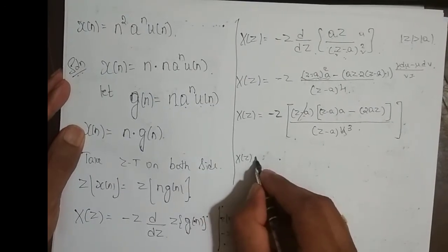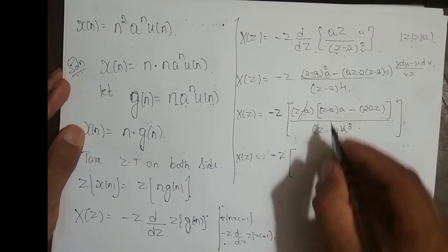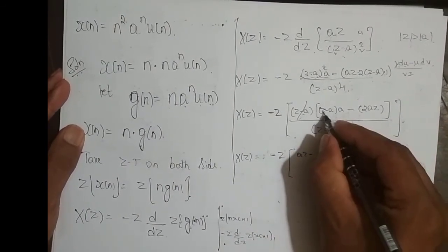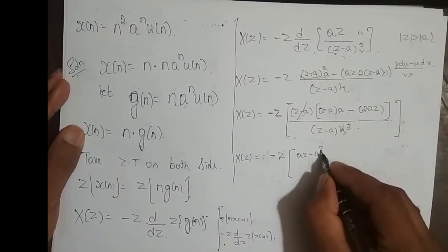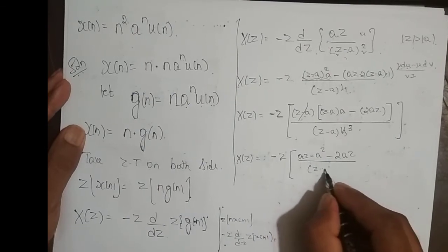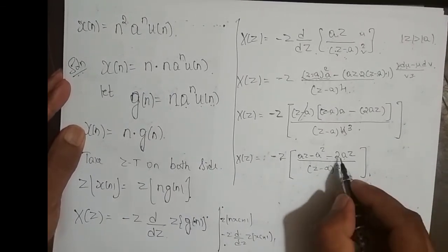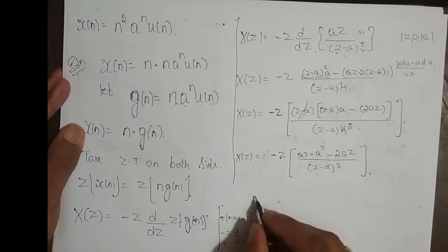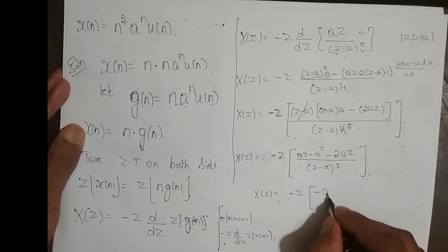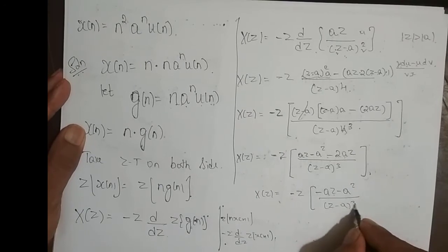So x of z is equal to minus z into, what do I have? az minus a square minus 2 times az, the whole divided by z minus a whole cube. So 2 times az minus 2 times az plus 1 times az. So I end up with minus 1 times az minus a square, the whole divided by z minus a whole cube, right?